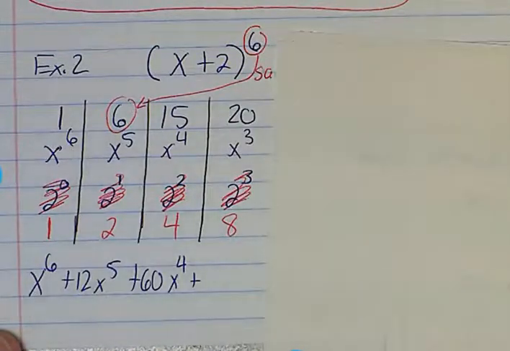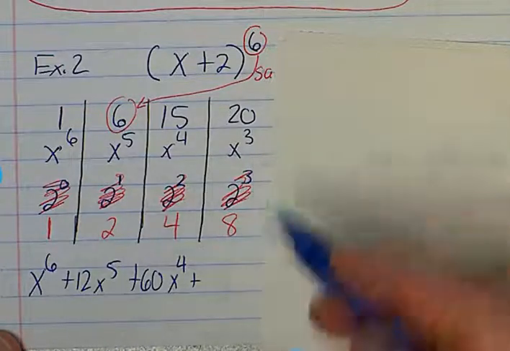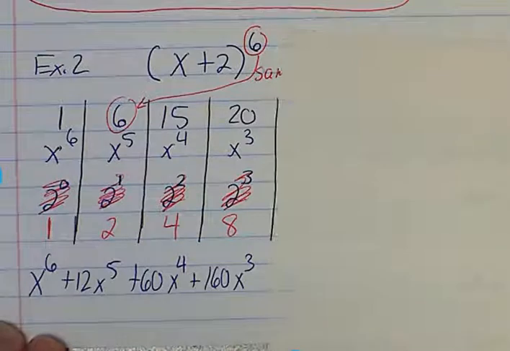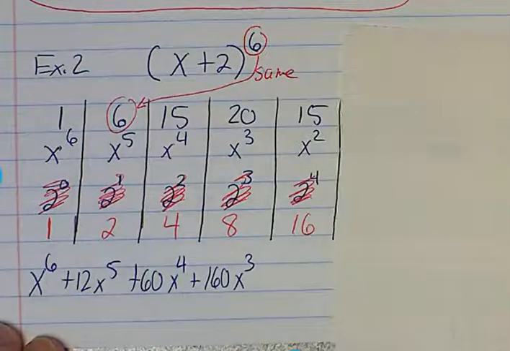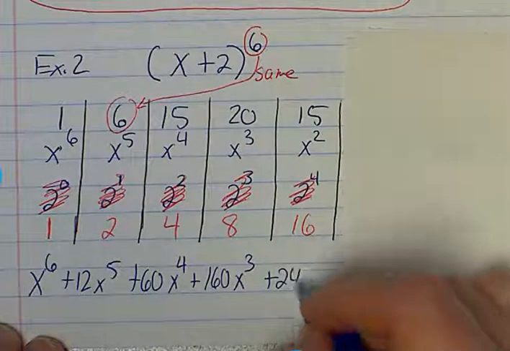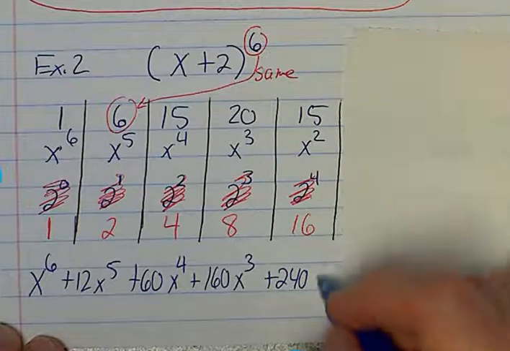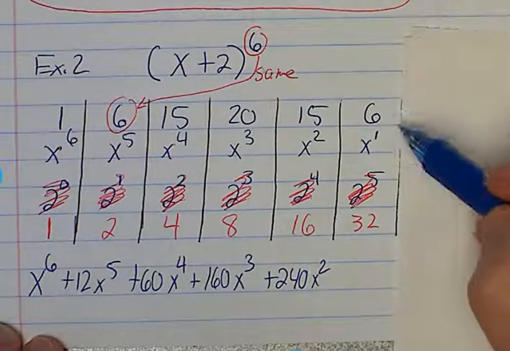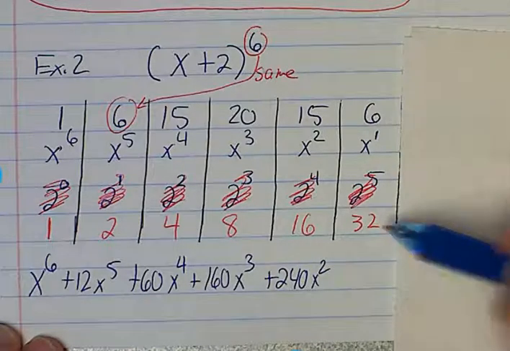Next set of numbers, next column there, we've got 20 times 8 for 160, x to the 3rd. Go to the next set of numbers. Next column, we've got 15 times 16, which should be 240, x squared. This one, you have 6 times 32.